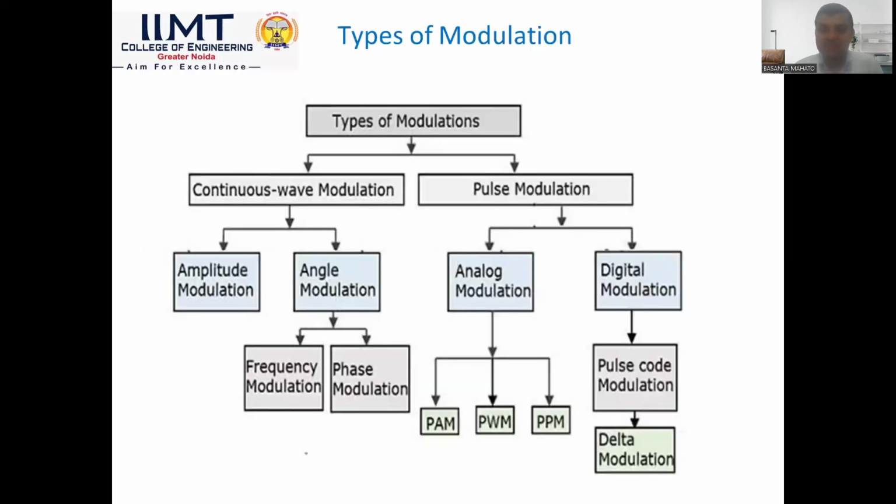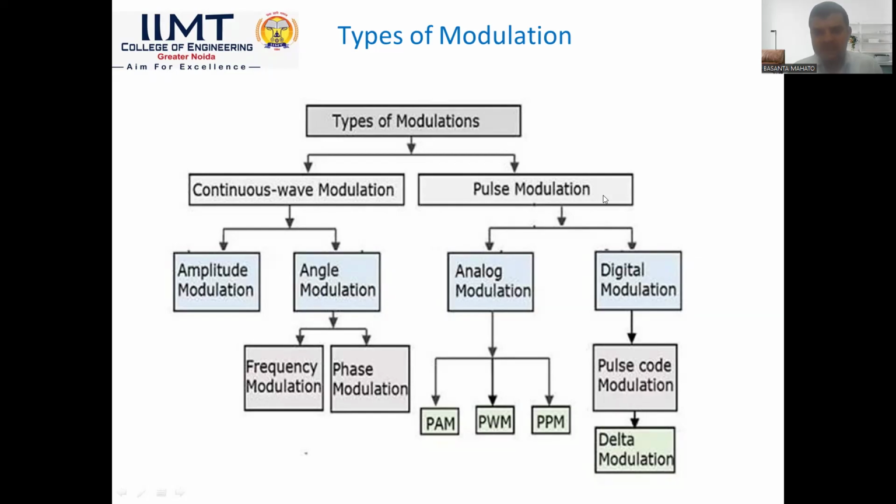Types of modulation: continuous wave modulation and pulse modulation. Continuous wave modulation is again of two types, amplitude modulation and angle modulation. Angle represents the frequency as well as the phase, so angle modulation is of two types: frequency modulation and phase modulation.